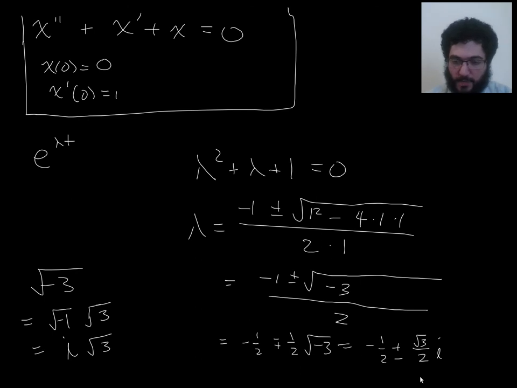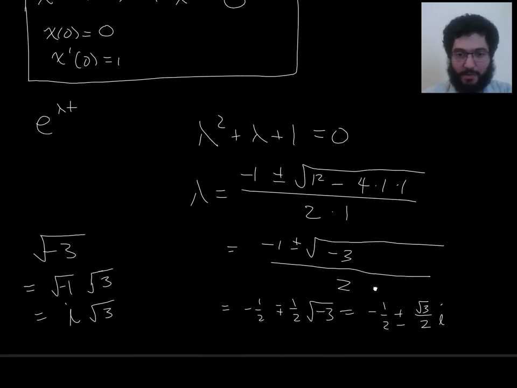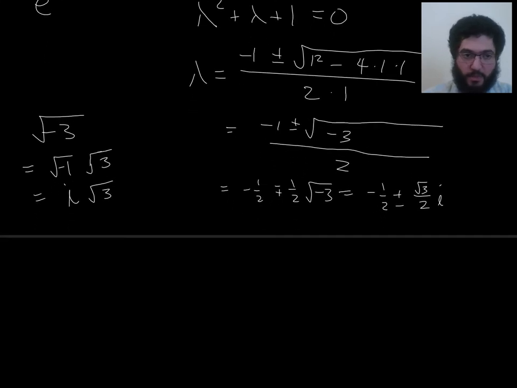So real part negative 1/2, imaginary part positive or negative square root 3 over 2. Great, so I am in case 3. And remember, we saw that in case 3, we only need one of the two roots. So it's enough to just focus on, say, the one with a plus. That's sufficient. So let me write that properly. Negative 1/2 plus root 3 over 2 i. Okay, so that's good enough.